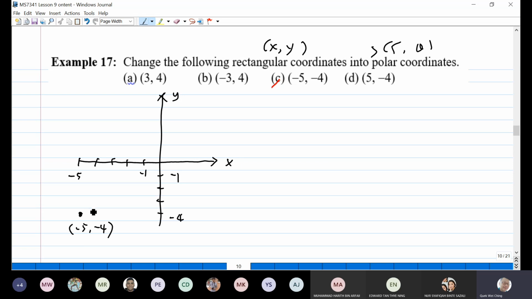So join it to the origin, and now you get a triangle. The triangle is this one. This is x equal to -5, y equal to -4, in a right angle triangle.